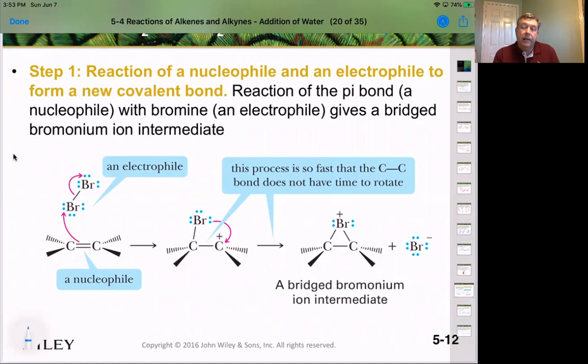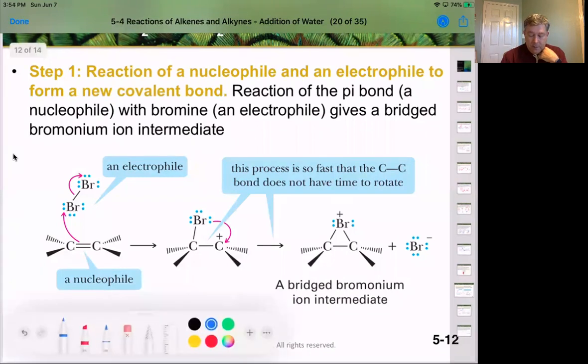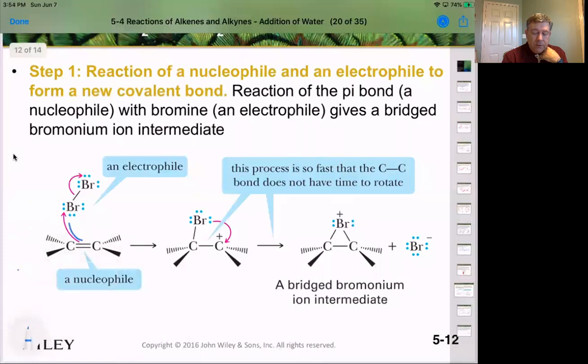We have those extra electrons in that pi bond, and they're going to react first, right? So in this case here, we have the electrons from the double bond reaching out to grab at one of the bromines, okay? When it does that, it uses its electrons to make a new sigma bond.